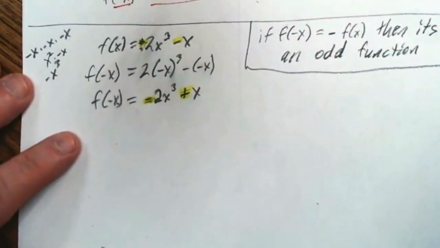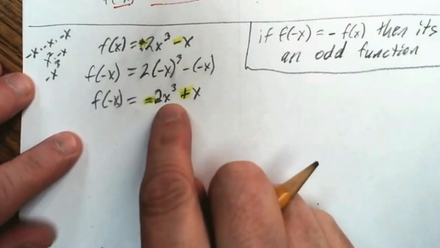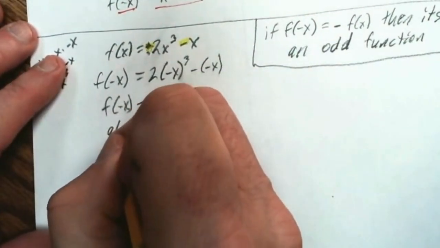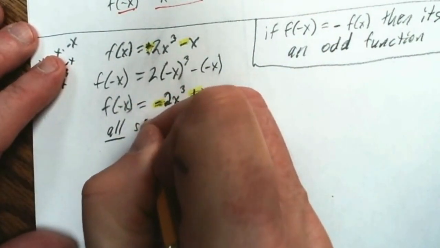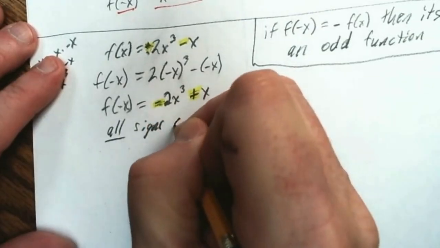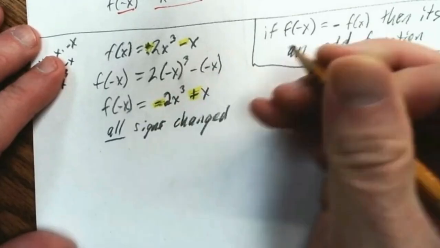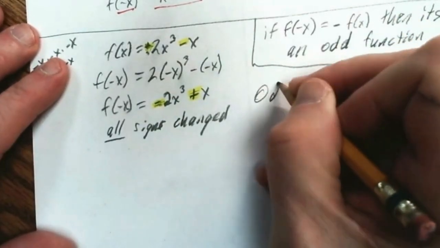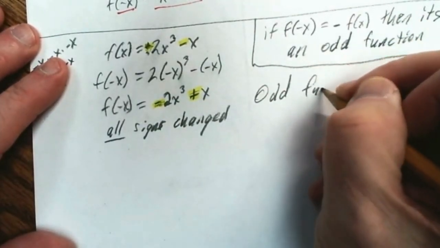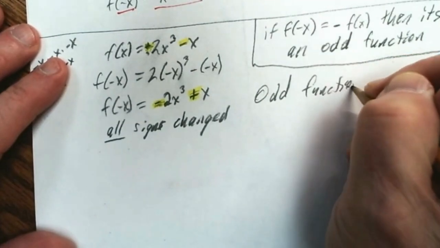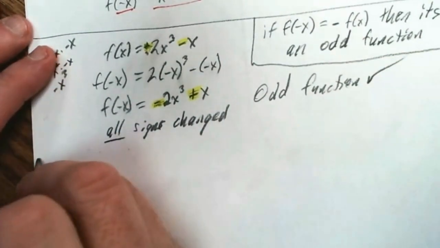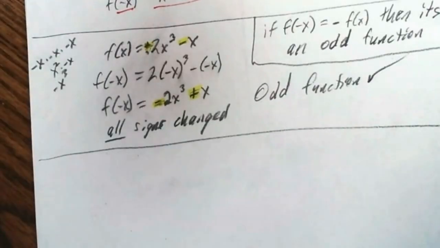Positive 2x minus. So all the signs changed. This is an odd function. Because all the signs changed.